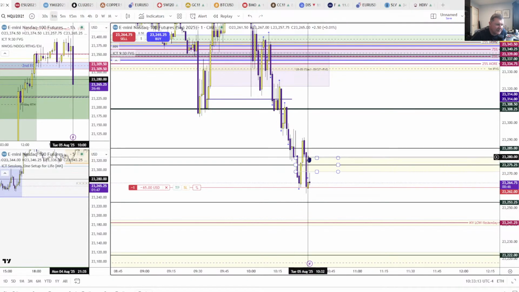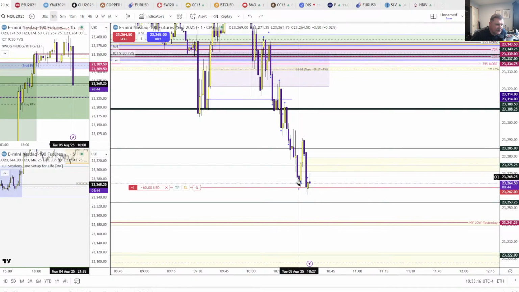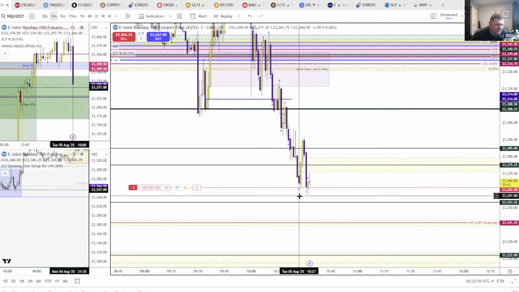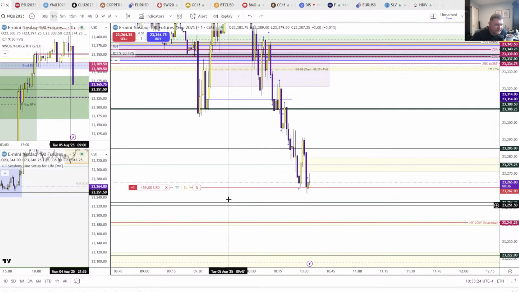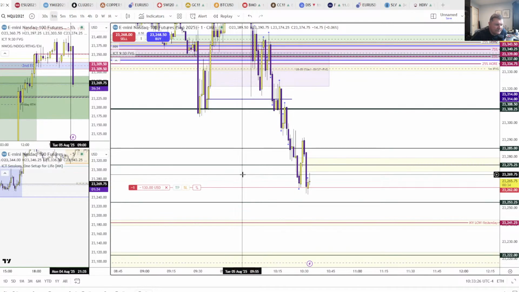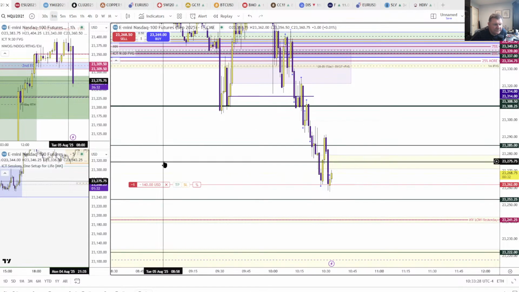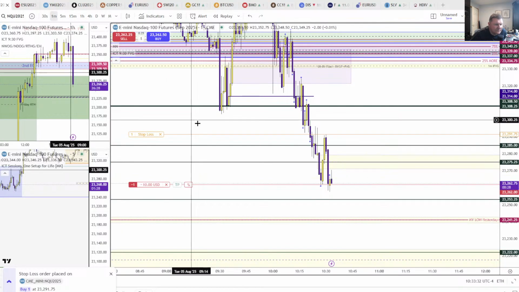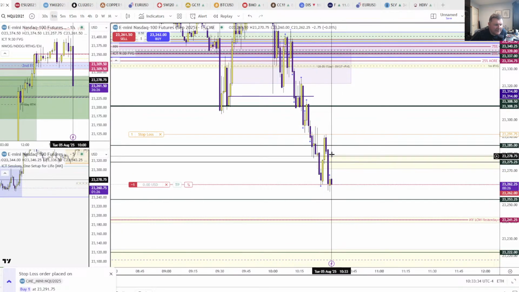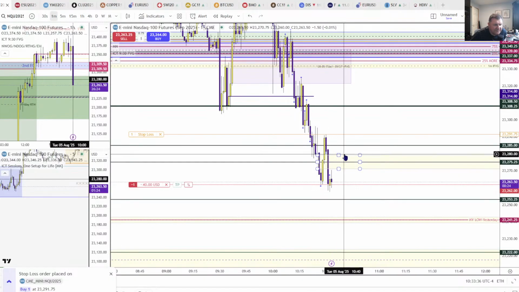That's my fail safe right there. So stop loss is there, fail safe is right off this candle here.